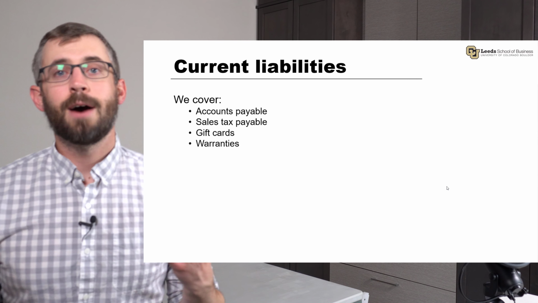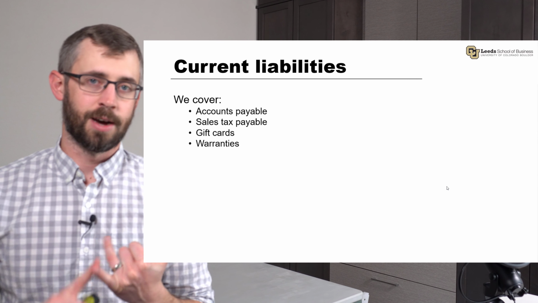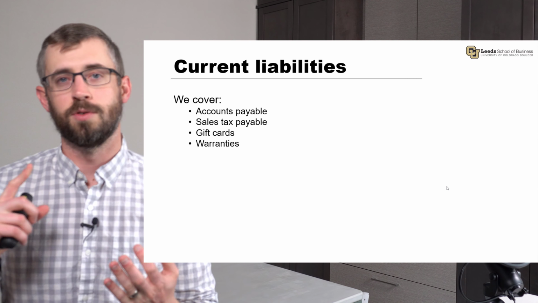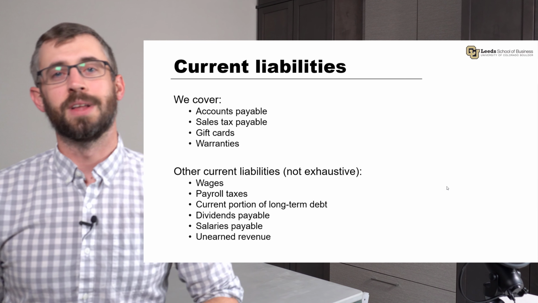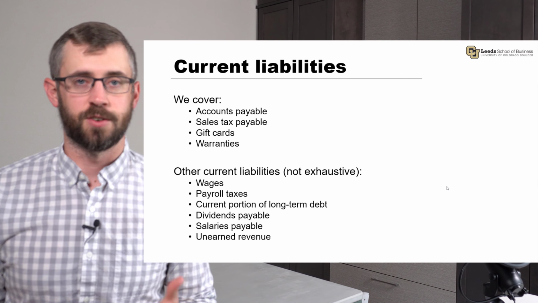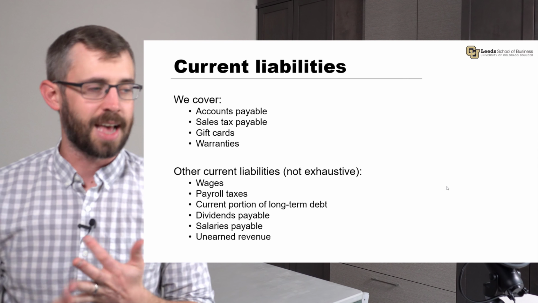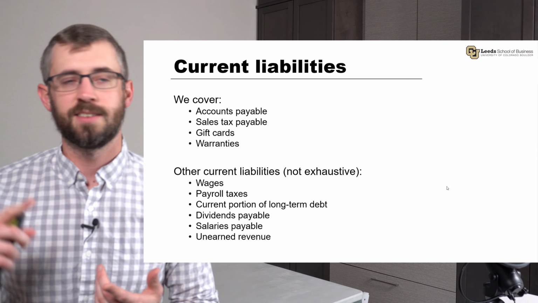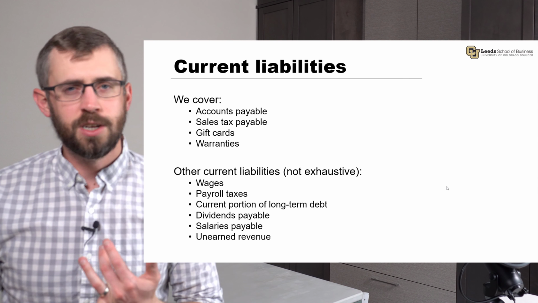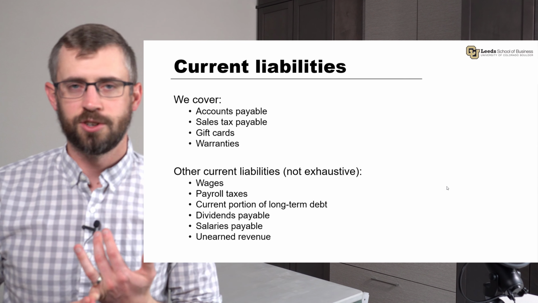Now, our coverage of current liabilities is going to talk about accounts payable, sales taxes payable, gift cards, and warranties. But there are a host of other types of current liabilities. There is a very broad spectrum of liabilities, things like wages payable, salaries payable, payroll taxes, unearned revenue, which we've talked about a lot back in the revenue module.